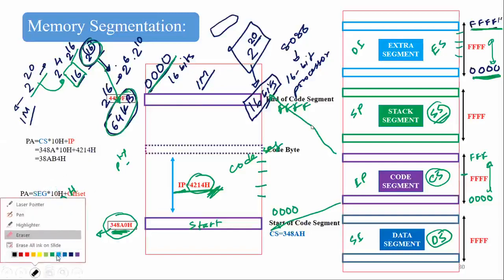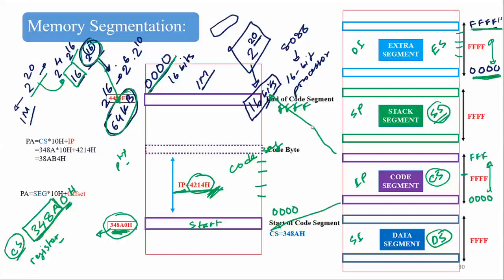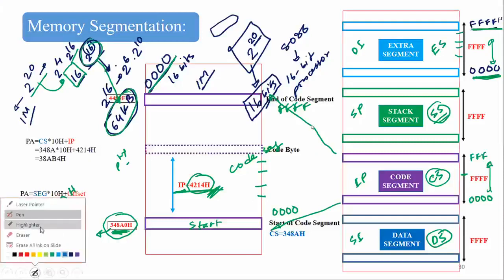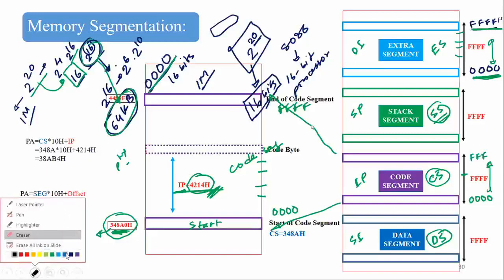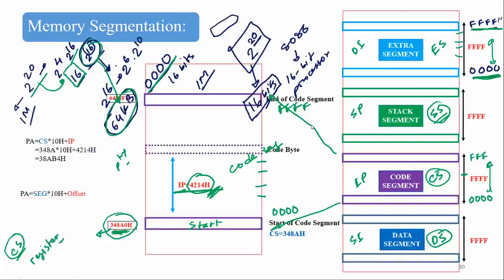But how can you convert that into a physical address? You have already seen a previous example. To convert that, we simply multiply 10H with the chapter, and then we add the page number of that particular chapter in which it is. In that particular code segment, we are in page 4214H, so at the end we will simply add 4214H.